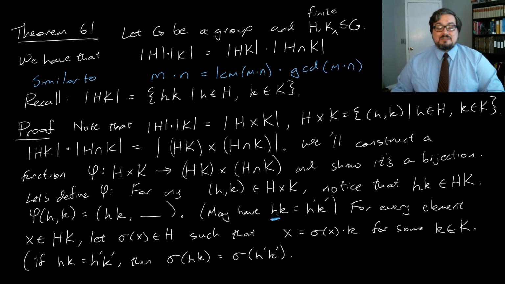For every element of HK, we're picking out a particular element of H that could be used to build that element. So we're essentially associating to every element of HK a unique representation, even though it could have many of them.